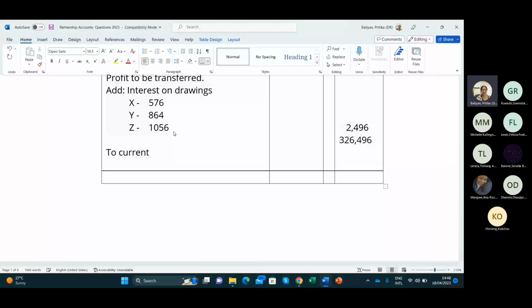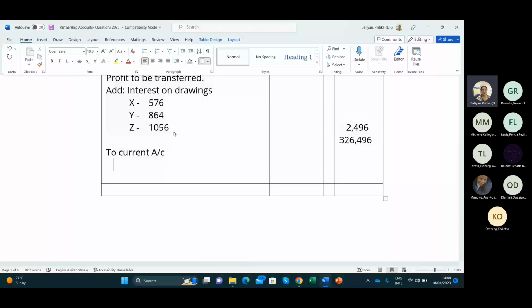Then current account of X. So 2 is to 1 is to 1 means 2 plus 1 plus 1, which is 4. So 326,496 times 2 divided by 4.